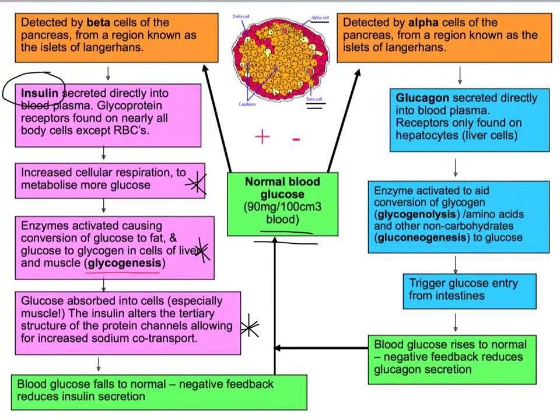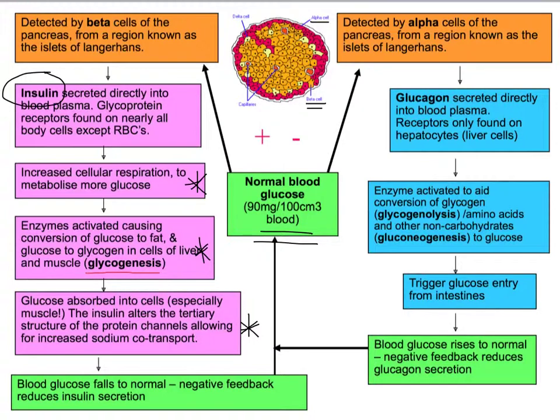It's the way in which the body allows us to take glucose into the cell using sodium ions. And this happens more prevalently when our glucose level is raised. As we've got here, insulin alters the tertiary structure of the protein channels and allows for increased sodium co-transport. Basically, we allow for more glucose to get out of the blood and into those cells.